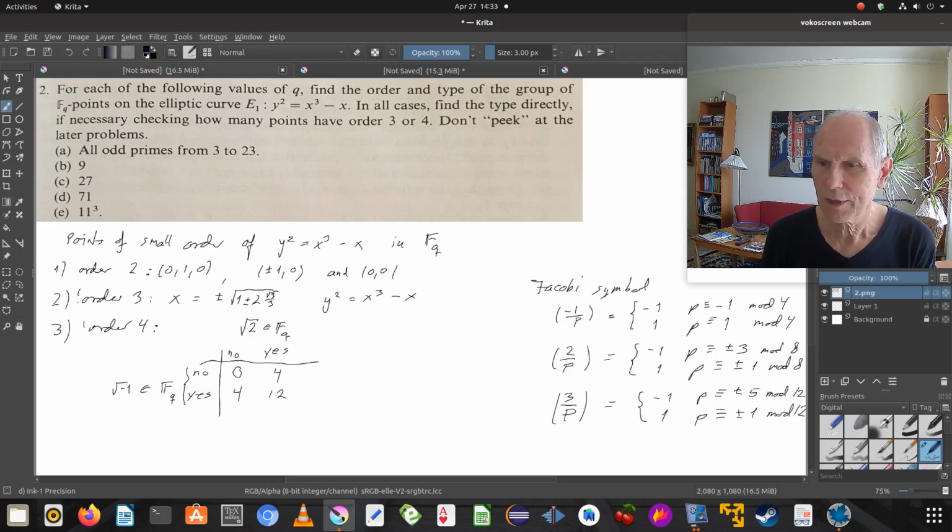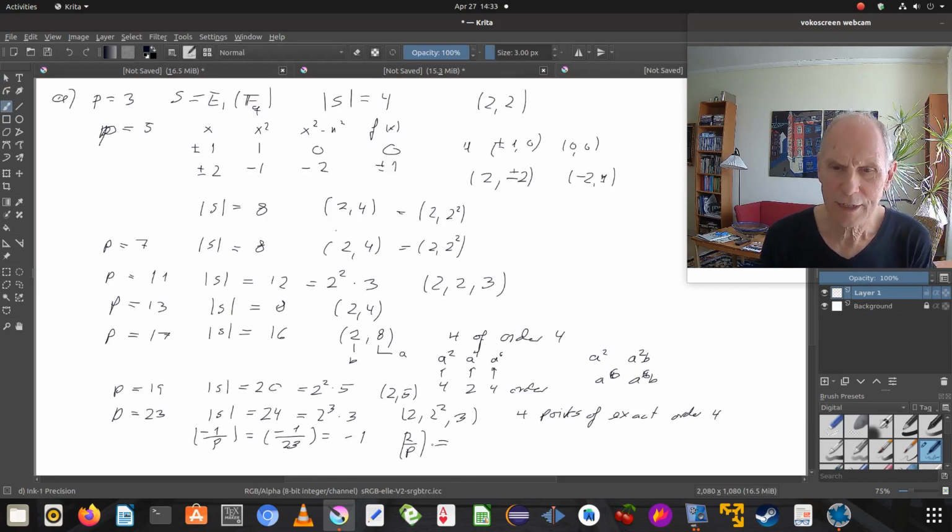We have to see whether it's plus minus 1 modulo 8. That is exactly what it is. It's 3 times 8 minus 1. So that means we should have 4 points of exact order 4.